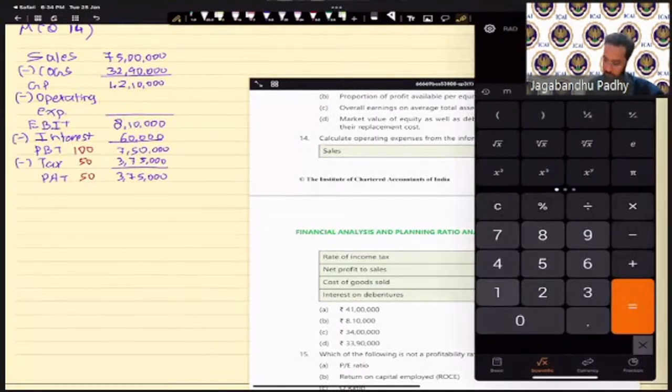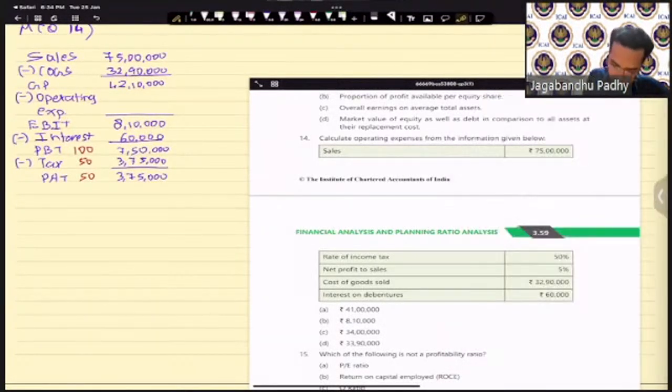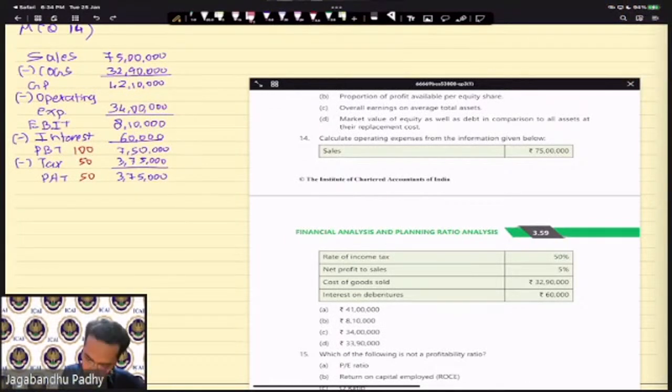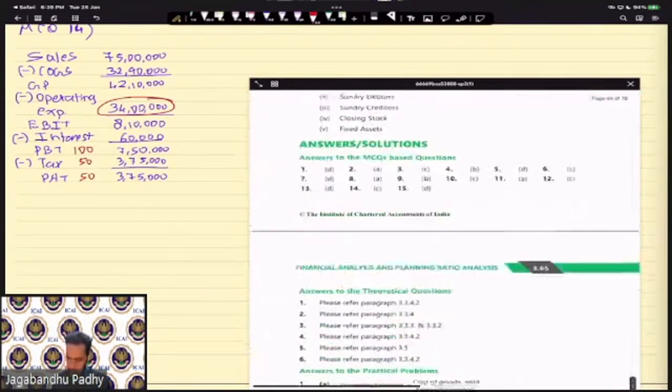So it is 42,10,000 minus 8,10,000, that's 34 lakh. 34 lakh should be your operating expense. I think the correct answer for this is C. Yeah, MCQ 14, the correct answer is C.